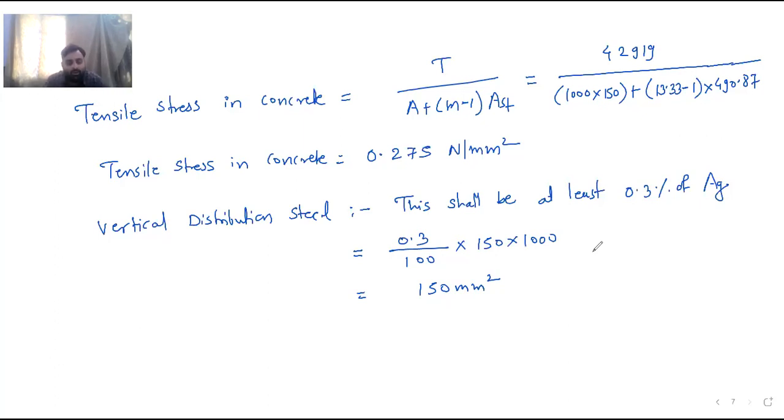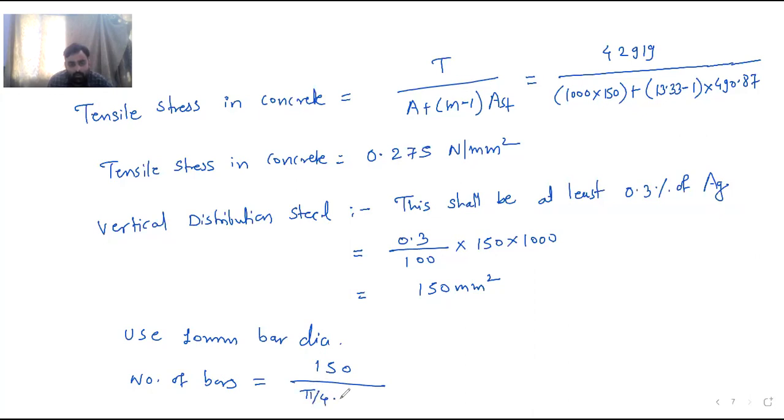Still we will provide 10 mm diameter bar. So if you provide 10 mm diameter bar, calculate the number of bars. Use 10 mm bar diameter, then number of bars is equal to 150 divided by pi by 4 into 10 square.